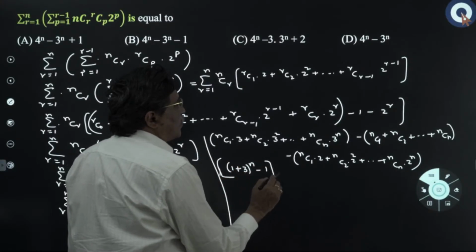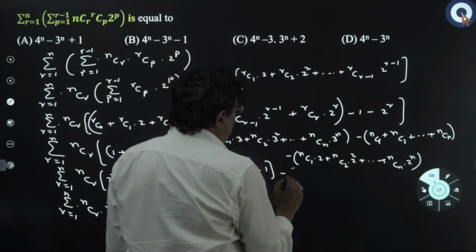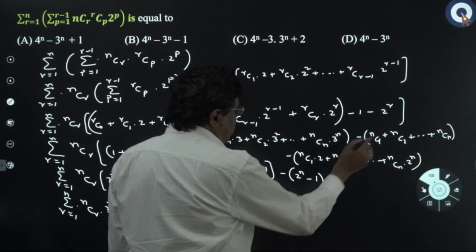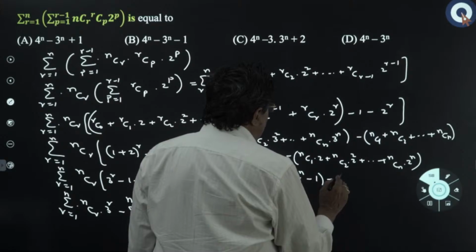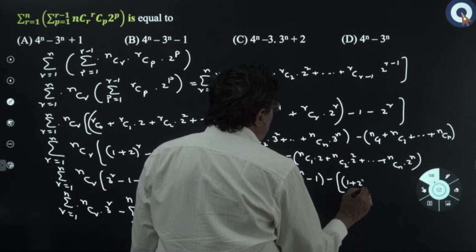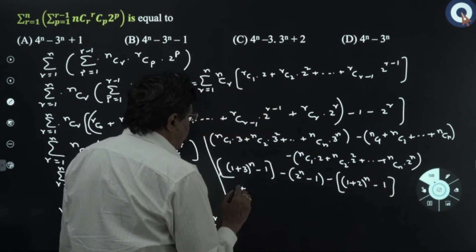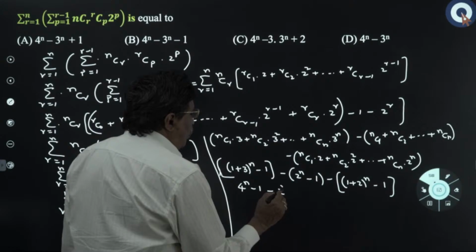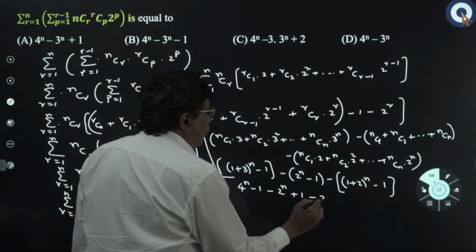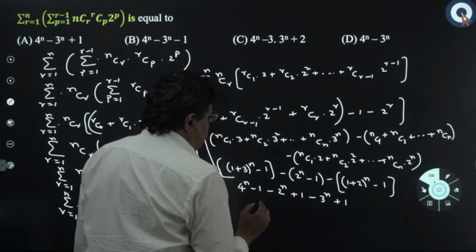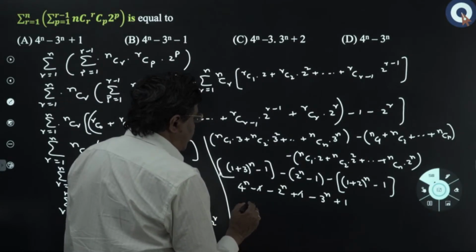This is the first one, minus, this is nothing but 2 power n minus 1, because NC0 is missing. And this is also same thing. If I add NC0, it will become 1 plus 2 whole power n minus 1, because we are adding, so we are subtracting. So we get 4 power n minus 1 minus 2 power n plus 1 minus 3 power n plus 1.